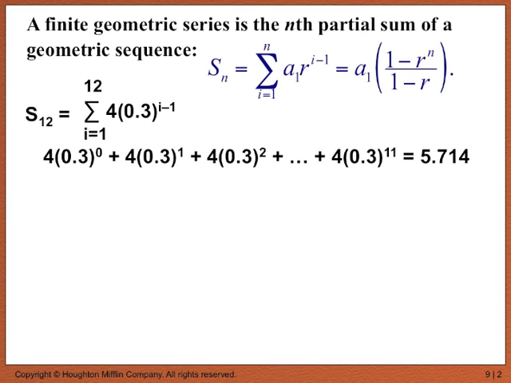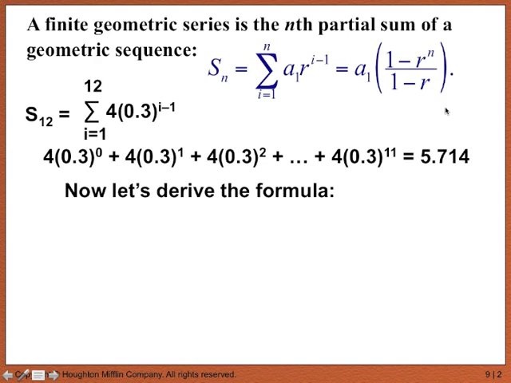Okay, so that's the long way. Now let's derive the formula, the one there in the upper right: the nth partial sum of a geometric sequence is a sub 1 times 1 minus r to the n in the numerator over 1 minus r in the denominator.